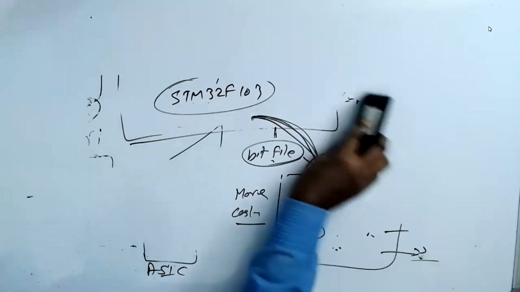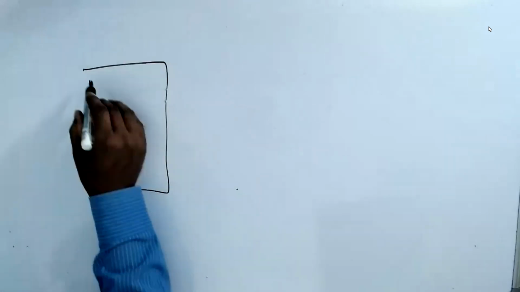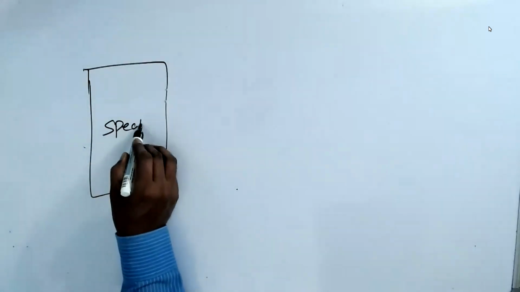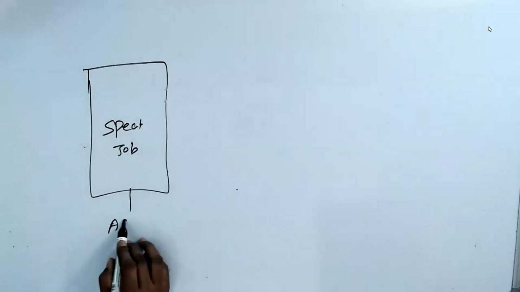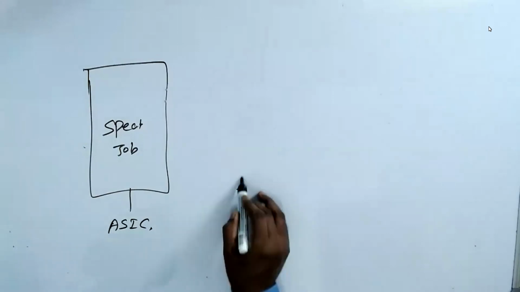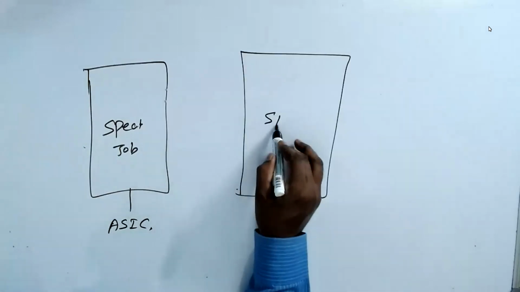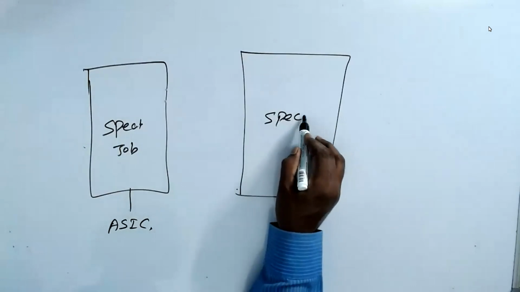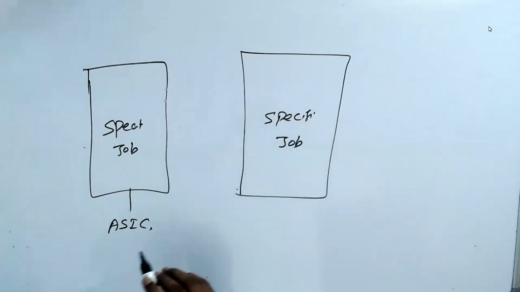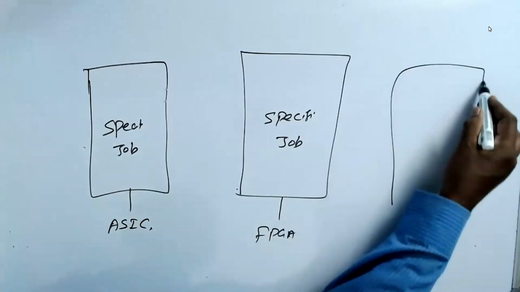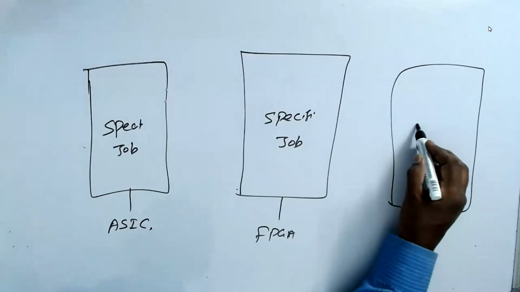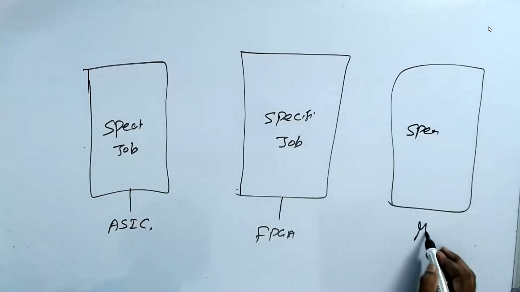So please understand, I buy an IC which does a specific job. That can be an ASIC, or it can be a microcontroller.